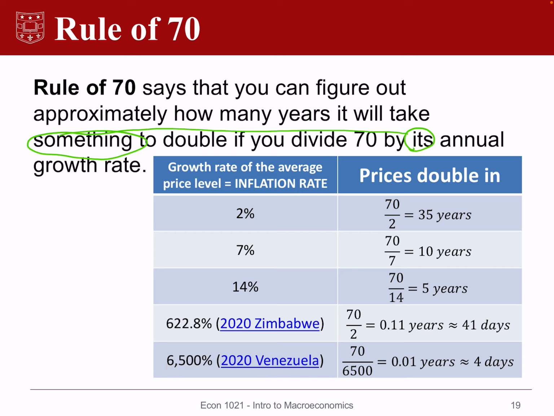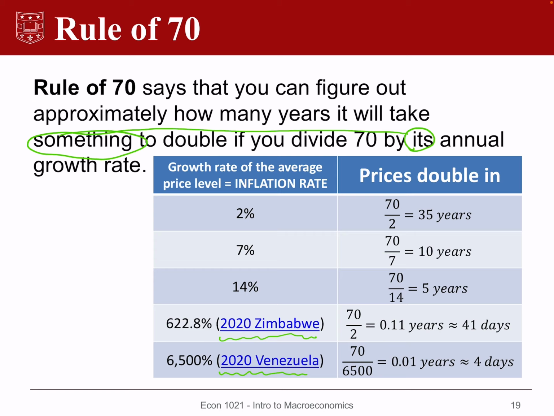This first hyperlink would take you to the IMF website if you were interested, where I got both of these numbers from. This hyperlink takes you to a podcast that tries to explain in other terms how deep and tragic the problem of hyperinflation is. It's one of my favorite recent podcasts, so I would certainly encourage a listen.